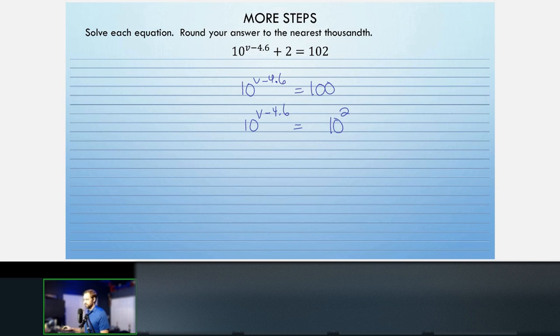Yeah, the bases are the same, so we set the exponents equal to each other, to be v minus 4.6 equals 2, and then we just add 4.6. And now we avoided using logs and natural logs altogether. So this problem, we could have done it this way. But again, if you're just totally stuck on using logs and natural logs, that's fine. We get the same exact answer, right? We still got 6.6.